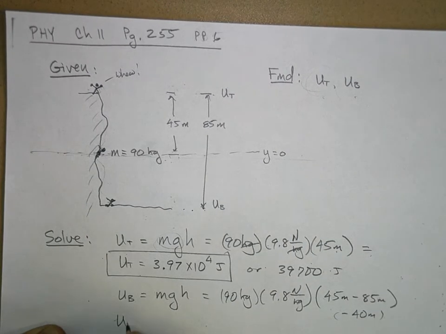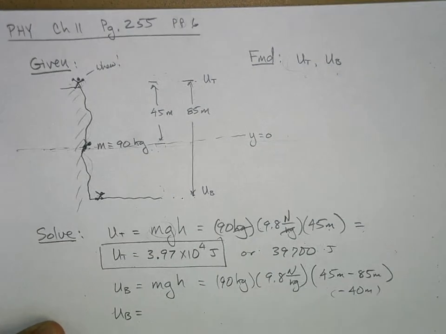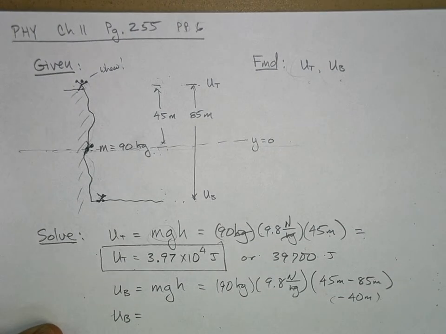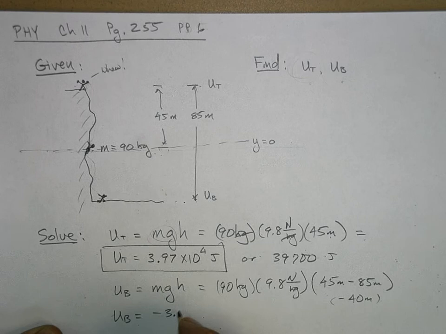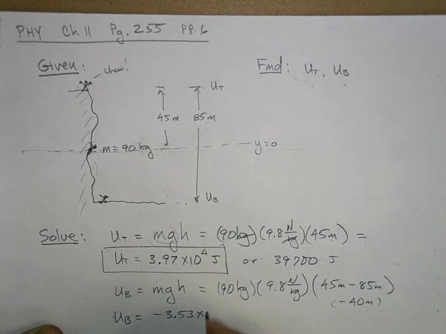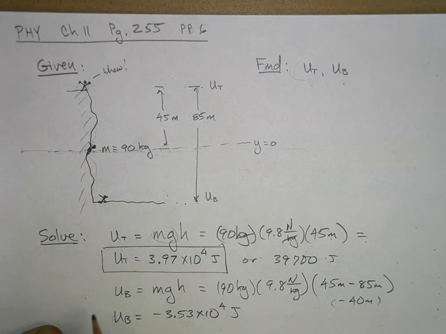And so the potential energy at the bottom is equal to 90 times 9.8 times negative 40. Negative 3.53 times 10 to the 4 joules.